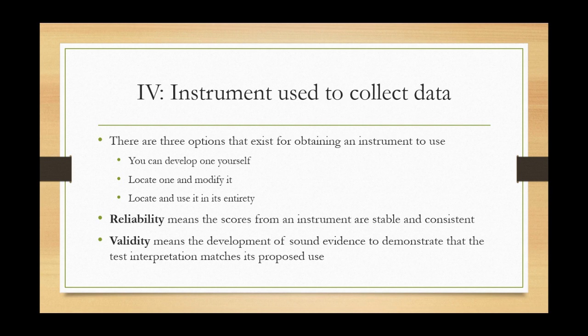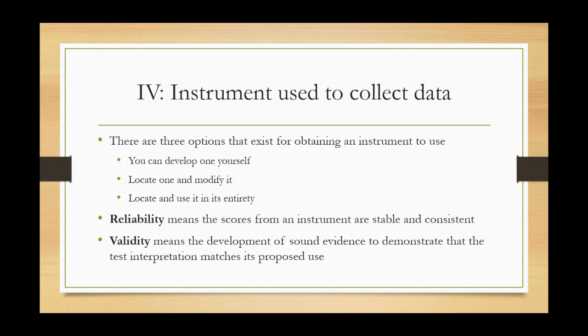So speaking of reliability means the scores from an instrument are stable and consistent. In this case, scores should be nearly the same when researchers administer the instrument multiple times at different times. So if you take an instrument, you give it to individuals, the answers that they give should be consistent at different times.